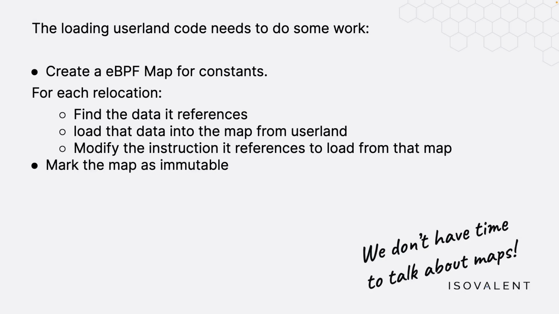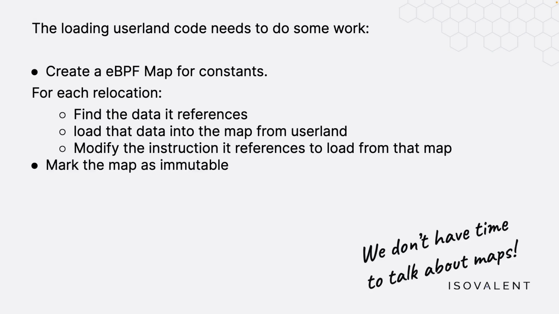So this means that if you want to do eBPF with static values, quote unquote properly, then the loader needs to do a bunch more work. What it needs to do is create an eBPF map for constants. Then for every relocation, it needs to find the data that's being referenced in the object file.